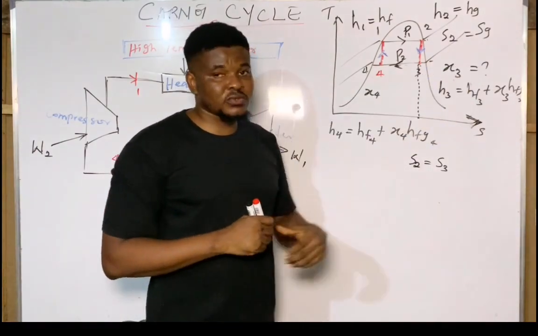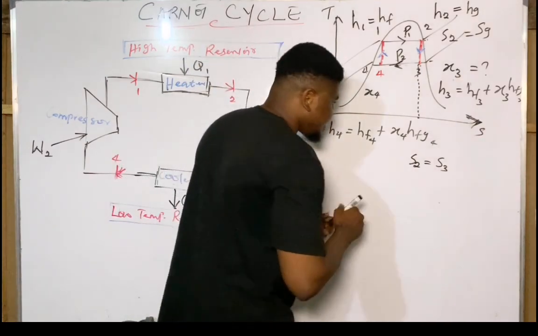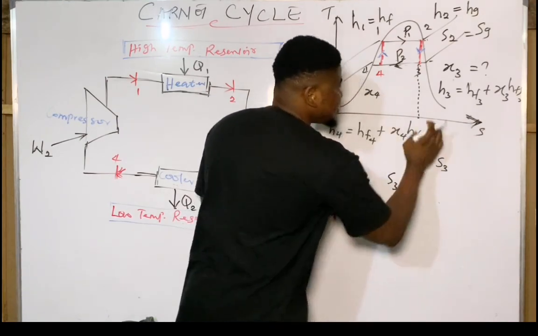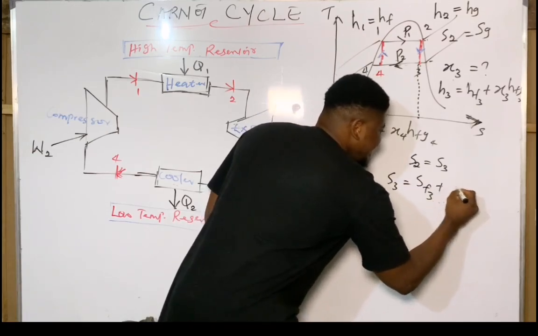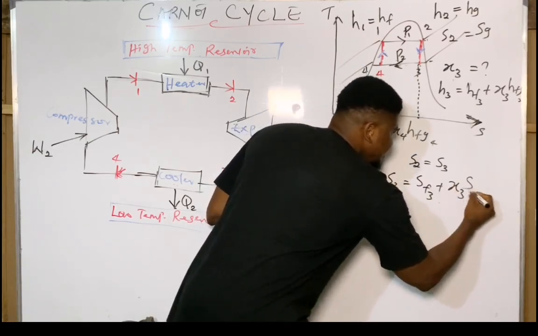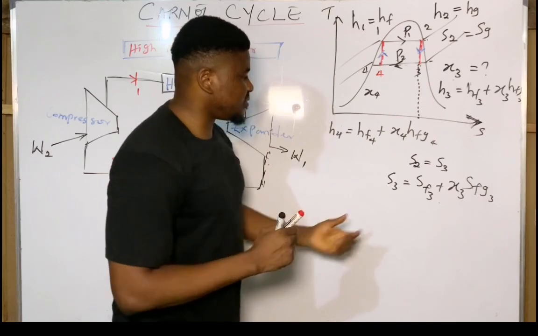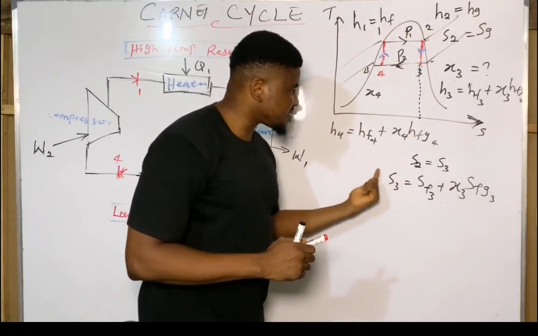S2 is simply equal to Sg. Now, S3 itself can be computed. S3 is going to be equal to still the same formula, SF3 plus X3 SFG3. So we use this to find the value of the entropy at state 3.